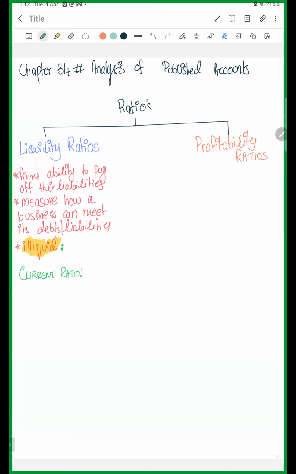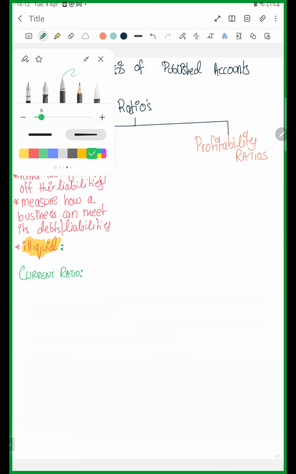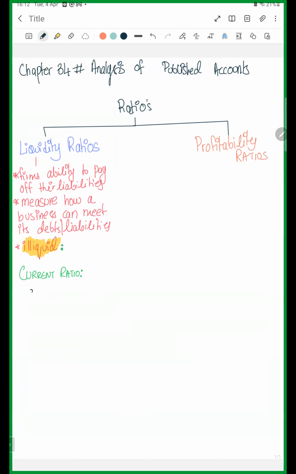The formula to calculate the current ratio is simple: your current assets, the things that you own, divided by your current liabilities, how much you owe.